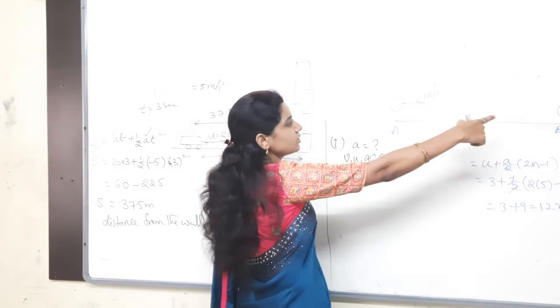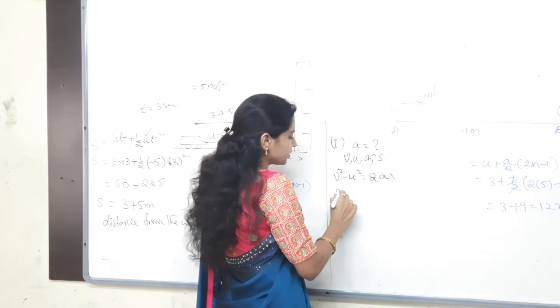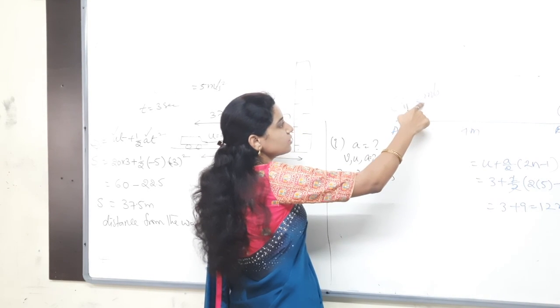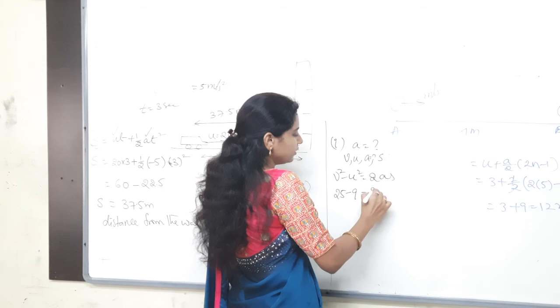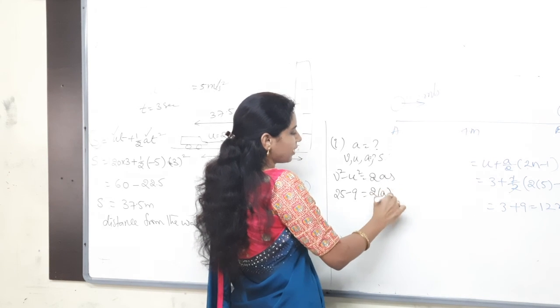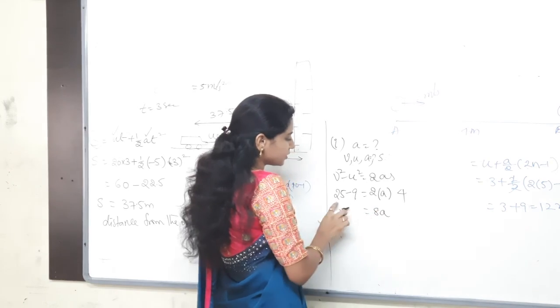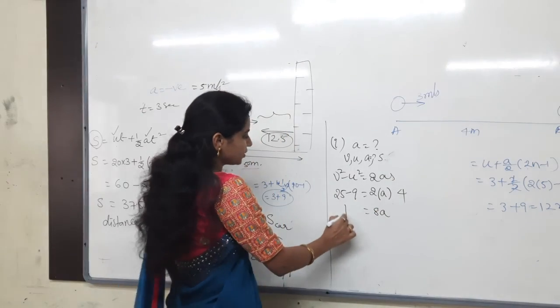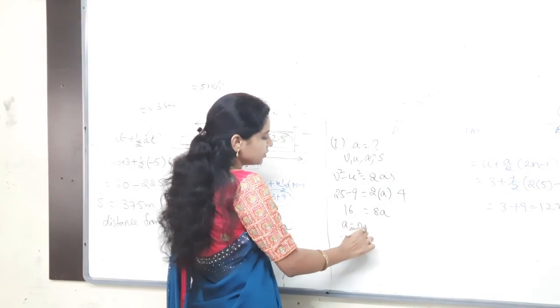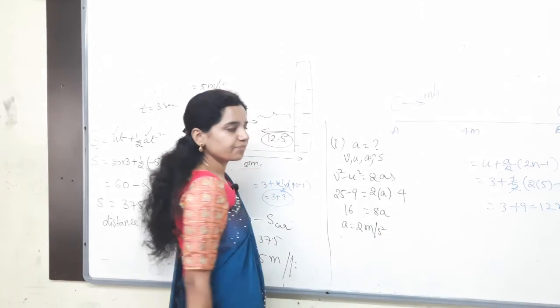V is 5, so V square is 25. U is 3, so 9. Then 2 into acceleration, displacement is 4. Then 8a equals 16, so a equals 2 meter per second square.